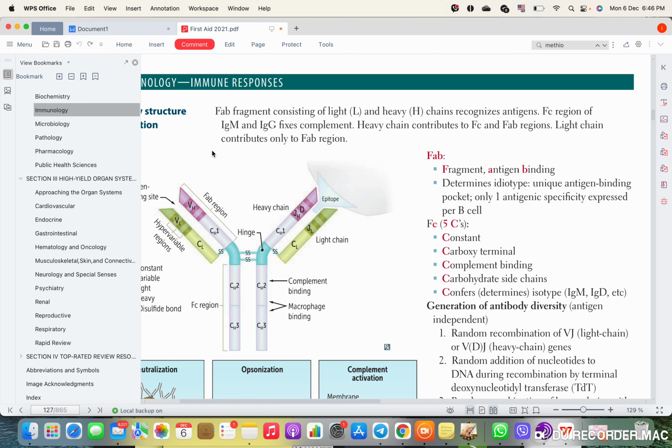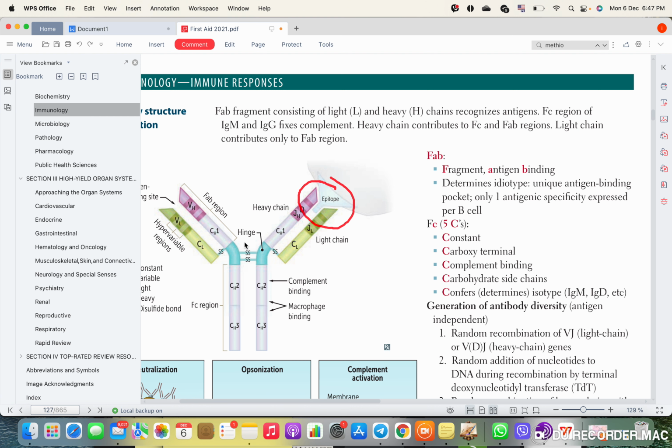So each one is specific for one antigen, one epitope. That's it. Each one of them has only one form of receptor. So only one antigenic specificity is expressed per B cell. Okay? So each antibody is able to bind to only one antigen.